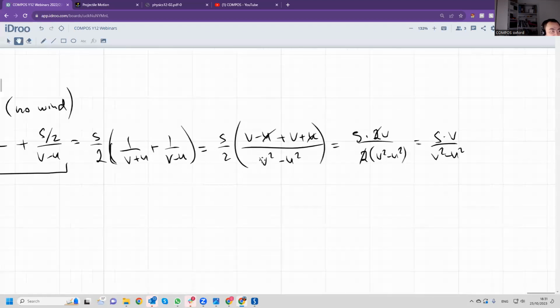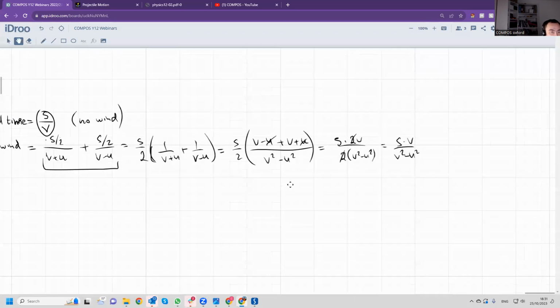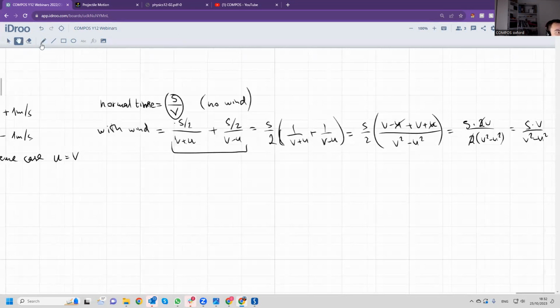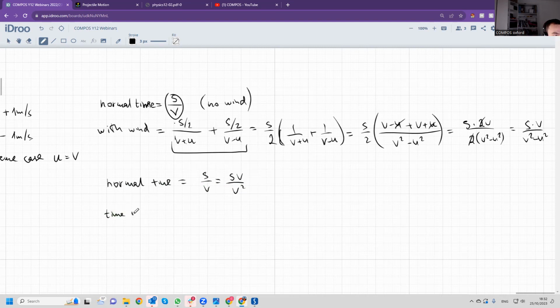We compare with S over V. Yes, we can. So the normal time is S over V, and the time with wind is SV over V squared minus U squared.